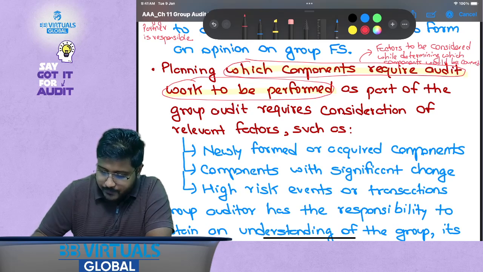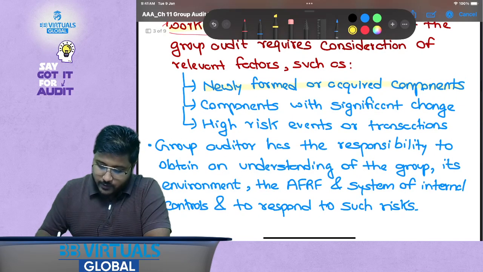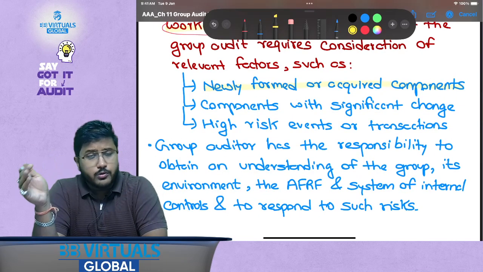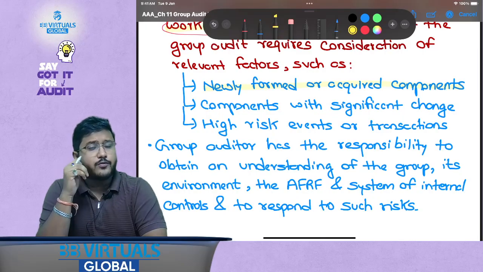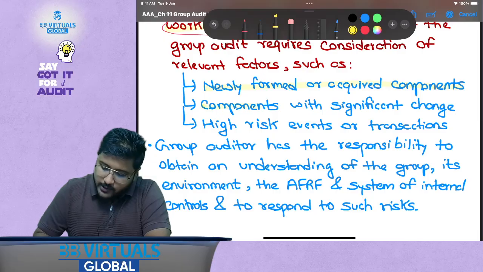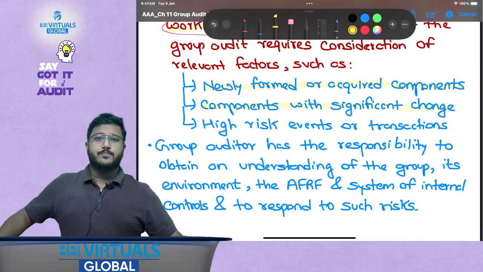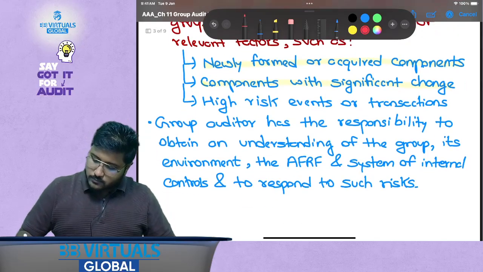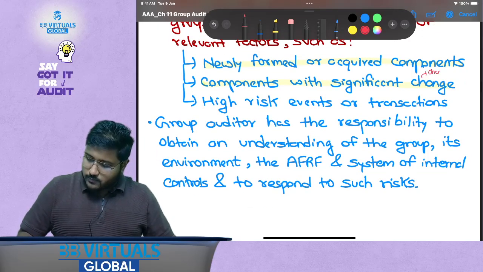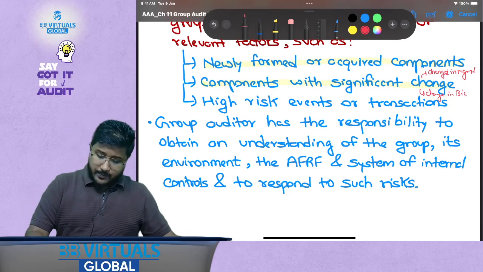Okay, this is important. Newly formed or acquired components. If any component is newly formed or acquired, then we have to include it under the group audit. Then components with significant change, we should include them too, say change in management or change in business, anything could happen.